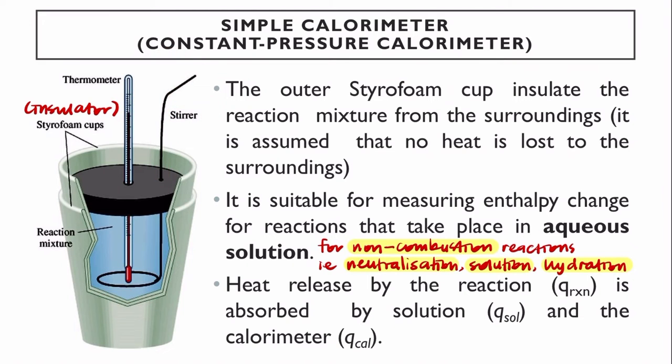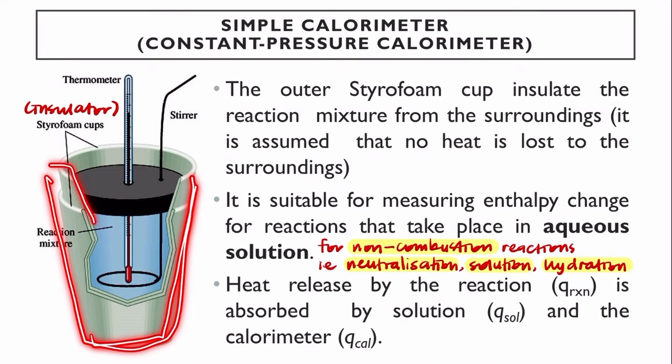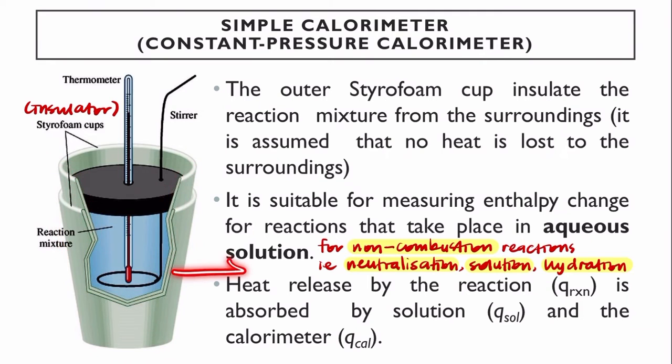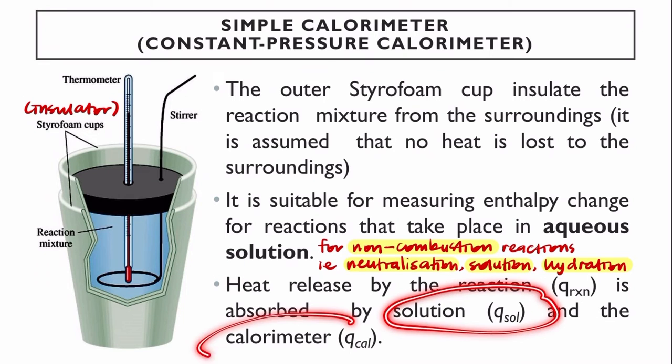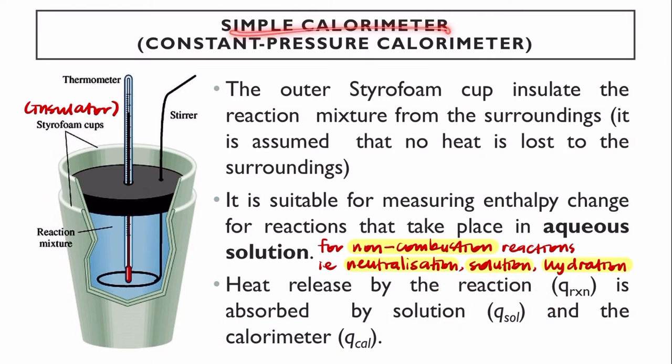The heat of the reaction, your Q reaction, will be absorbed by your solution and the calorimeter here. We are assuming that there is no heat loss to the surroundings; it is absorbed by the solution and calorimeter. That's for the simple calorimeter, so it's important for you to know the heat released is absorbed by what in your system.